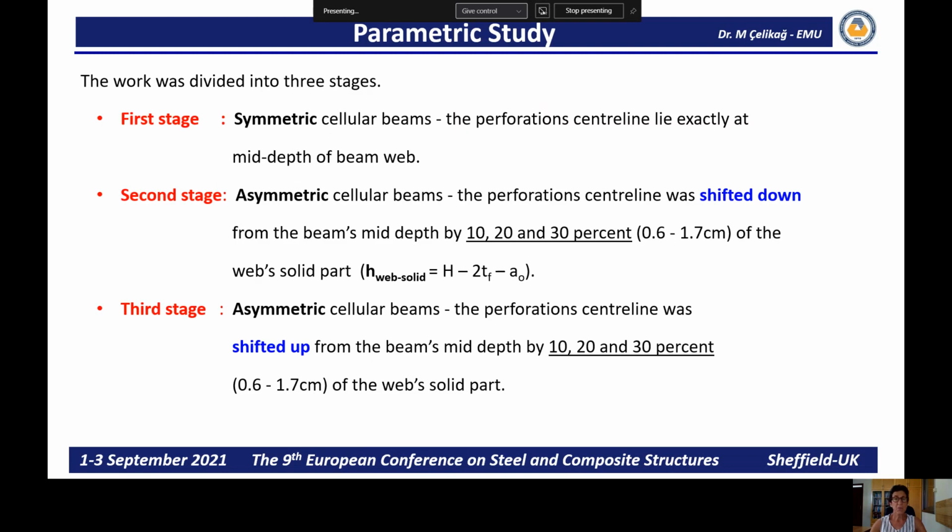The three stages of the work done include symmetric cellular beams, where the perforation center line lie exactly at mid-depth of the beams, and the other two asymmetric cellular beams, where the perforation center line lie either above or below the mid-depth of the beams by 10, 20, and 30%. This is percent of the solid part for the beam sections considered in this study. And this 10 to 30% corresponds to around 0.6 to 1.7 centimeter.